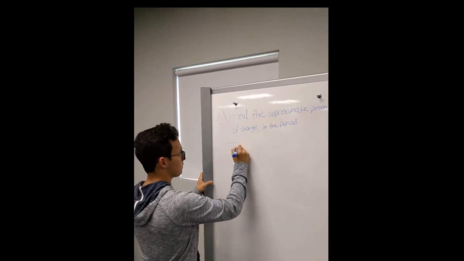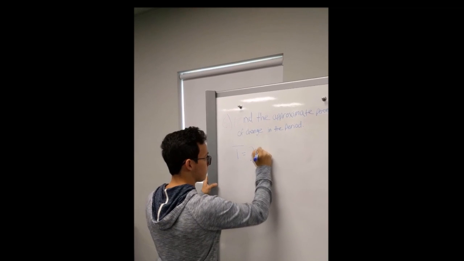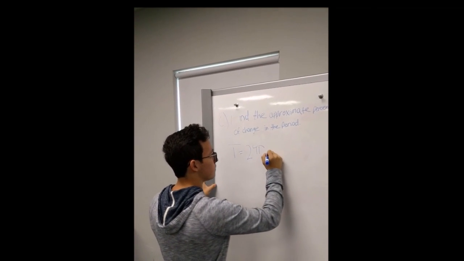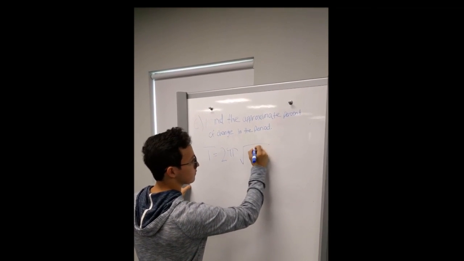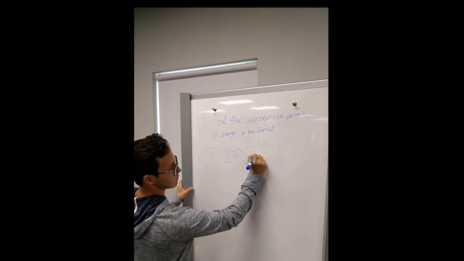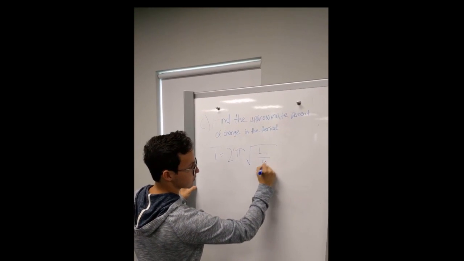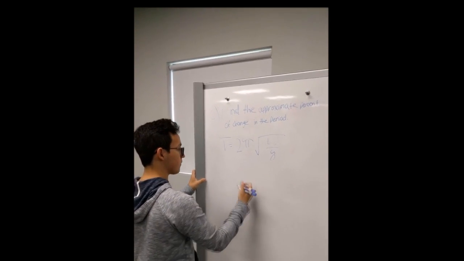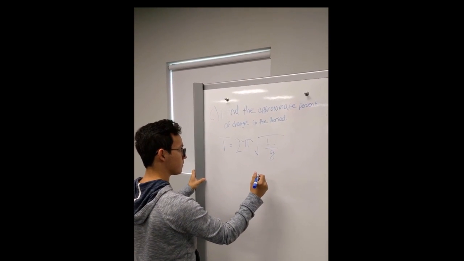For part C, they ask us to find the approximate percent change in the period. So first, we need to differentiate the original function, which is 2 pi times the square root of length over gravity.